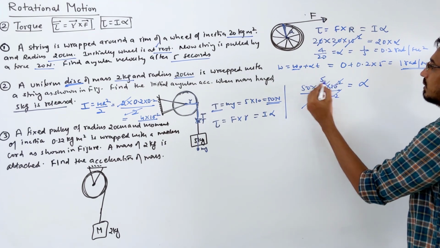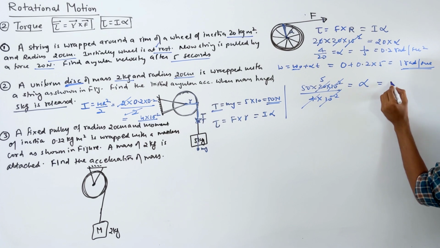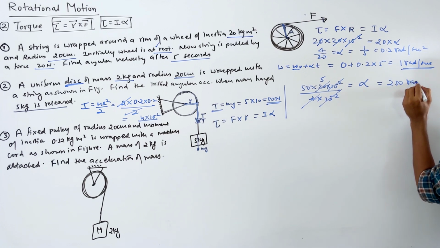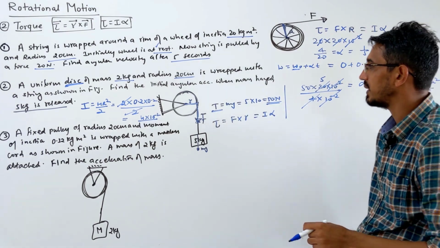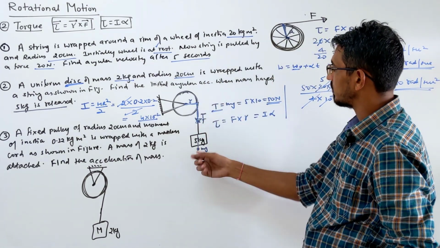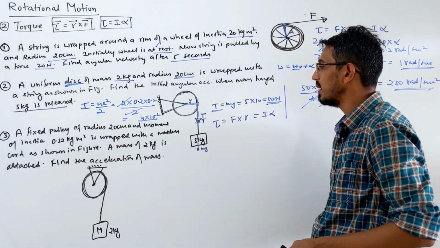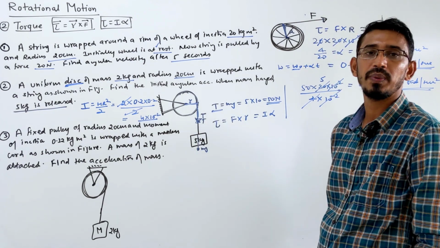So my answer is coming a little big. Is that correct? Please check it, because I may have made a calculation mistake. The concept is nothing wrong. So the tension T, the force applied on this string, is mg. 5 kg is given, right? 5 into 10, that's 50 Newton. How much torque is produced here? Force into perpendicular distance.